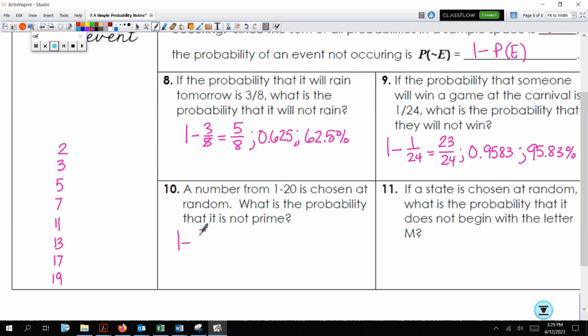So 1 minus 8 out of 20, sorry I didn't simplify that, but that'll be fine, is 12 out of 20, which is 3/5, which when I put that in my calculator, gives me 0.60 or 60%. These are prime numbers here.